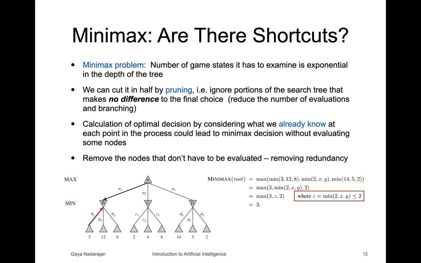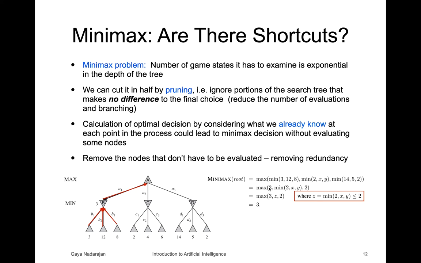Initially, the search goes all the way down to 3, and 3 is returned, then it goes to 12, it goes to 8, and Min computes that 3 is the minimum, and that value is passed back. So now Max already has this value 3 up here, waiting.